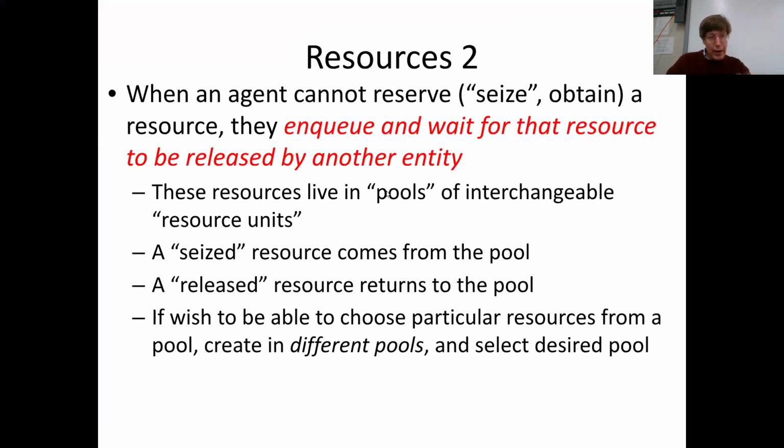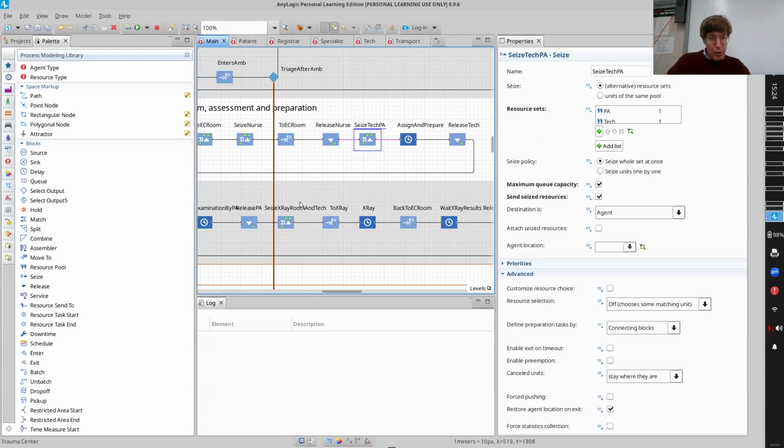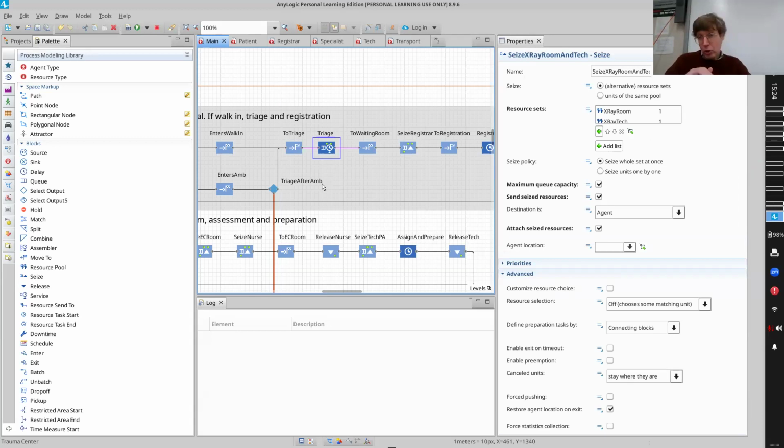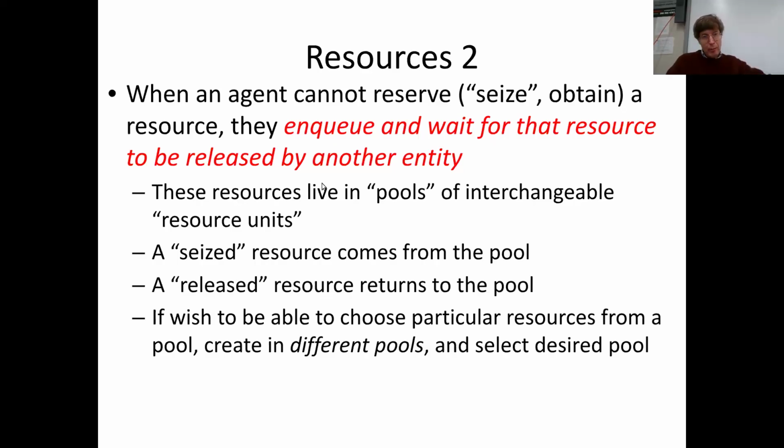Critically, when an agent cannot reserve a resource, when they're awaiting the technician and physician's assistant before getting worked up, when they're awaiting the X-ray machine, when they are awaiting to be triaged in the emergency room, they are in queues.